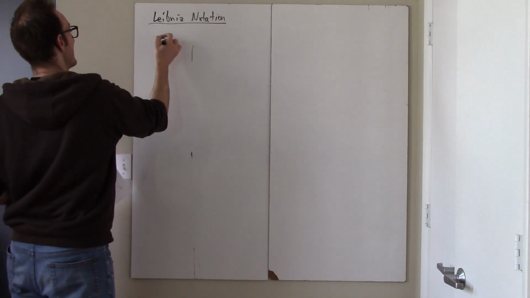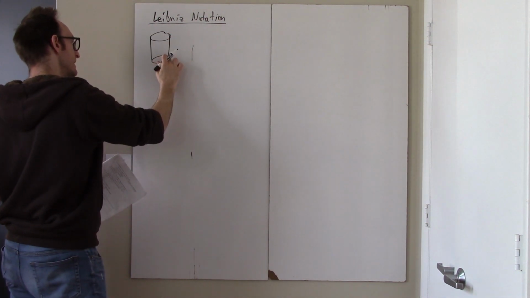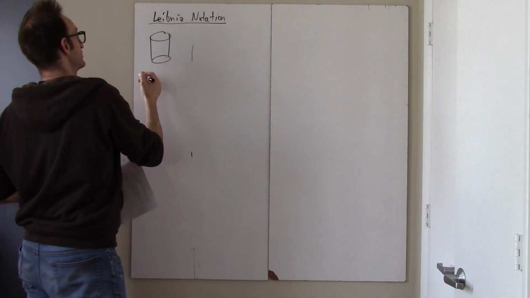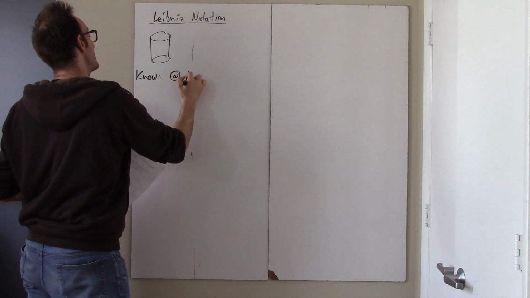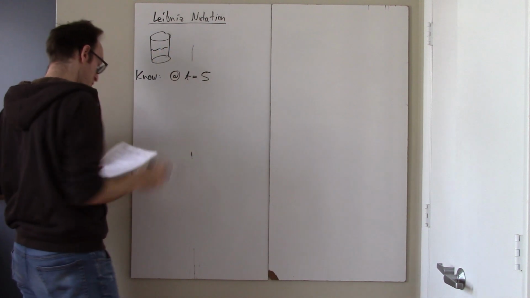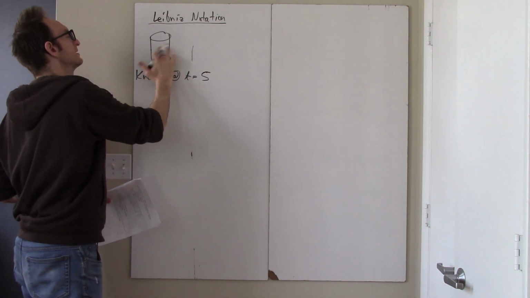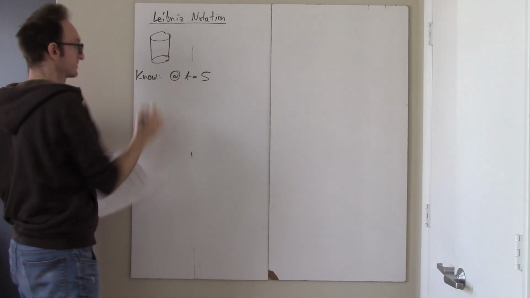So imagine that you have a cylinder, and imagine that for some reason we happen to know, so I'll just write we know, that at time 5... No, I take it back. The cylinder is not filling with water. The cylinder itself is growing according to some process.